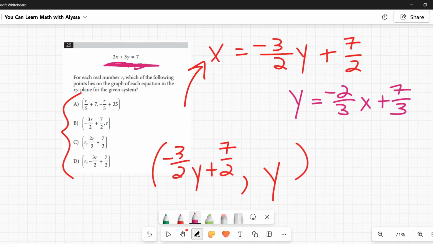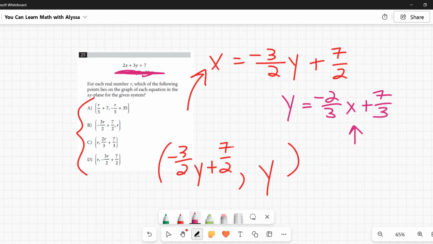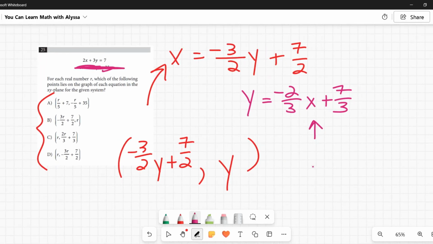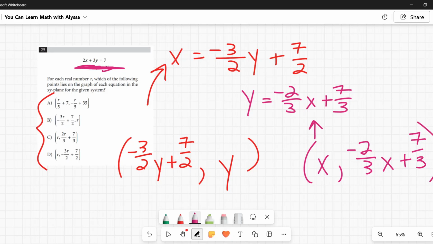Now what does this one mean, y being negative 2/3 x plus 7/3? It means that if I pick any random x value, then my y relative to that x would be equal to negative 2/3 times that x value plus 7/3. So these are the two ways we could represent it. I pick a y, and then the x value is equal to negative 3/2 times that y plus 7/2. Or I pick an x, and the y is equal to negative 2/3 times that x plus 7/3.